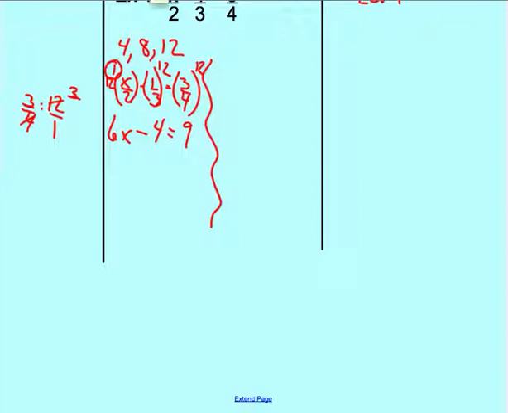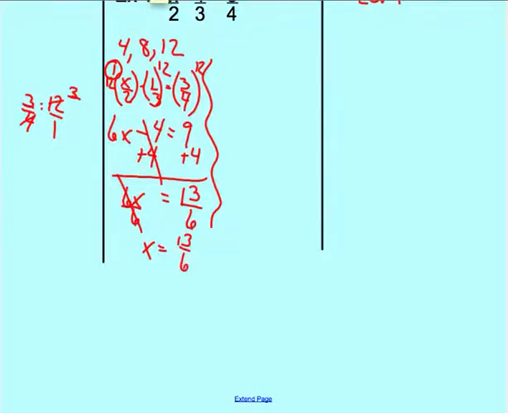So I'm going to add 4 to both sides to cancel my minus 4. And then divide both sides by 6. Remember, on the side with the variable, I am canceling, leaving me with x, and 13/6 is simplified.